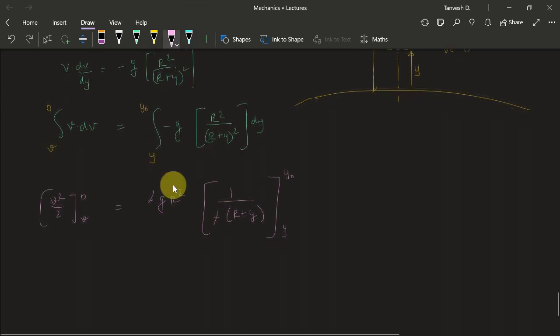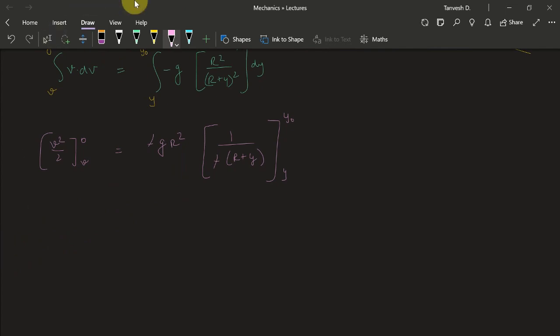So minus v square by 2 is equal to gr square into 1 upon r plus y0 minus 1 upon r plus y.